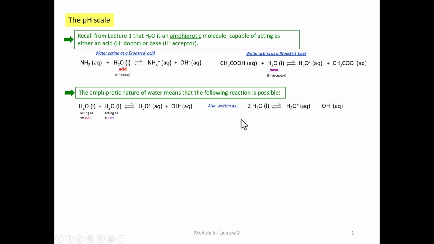Now we could also write this as 2H2O in equilibrium with a hydronium ion and a hydroxide ion. Or if you prefer, we could write it as water ionizing into hydrogen ion and hydroxide ion.